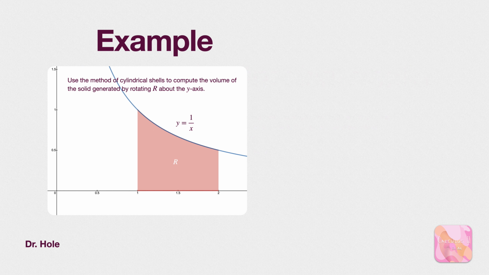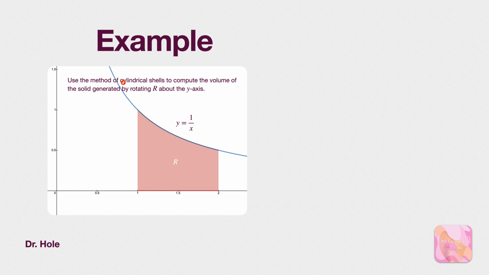Let's do an example. In the previous video, we used this reciprocal function, y equal 1 over x. We formed up this region R over the interval 1 to 2. And in the previous video, we revolved about the x-axis, and that produced Gabriel's horn.